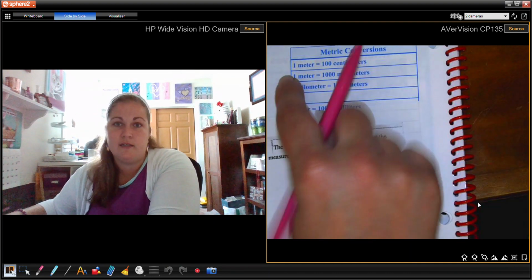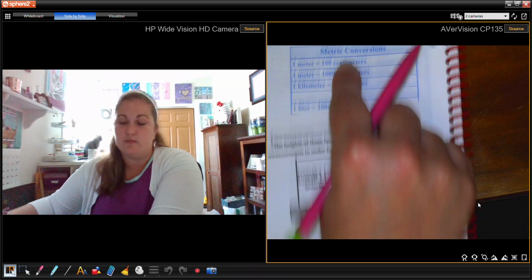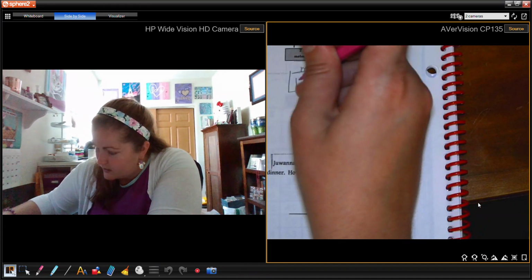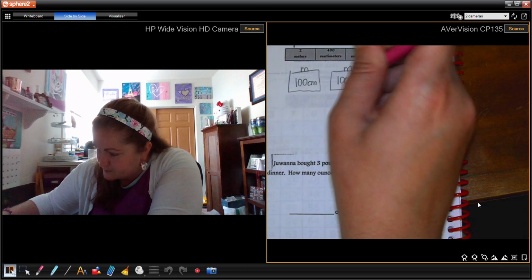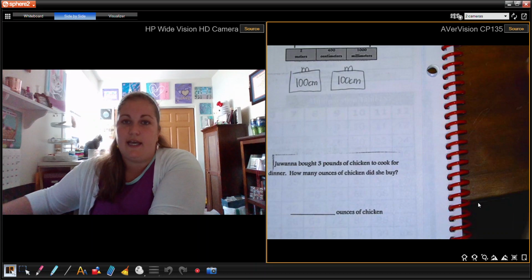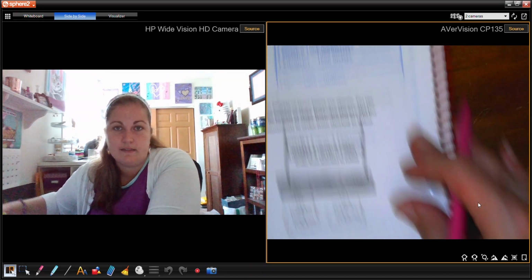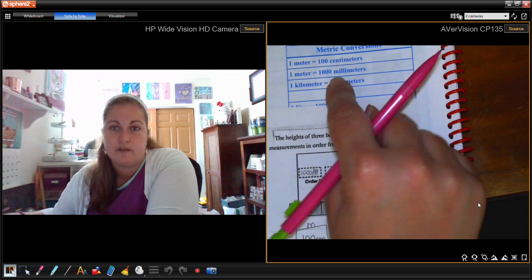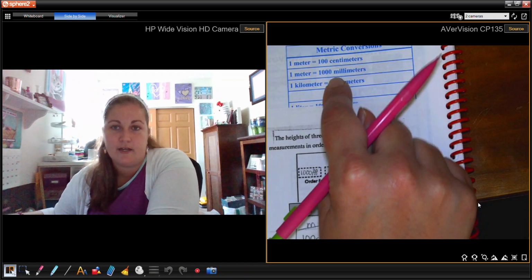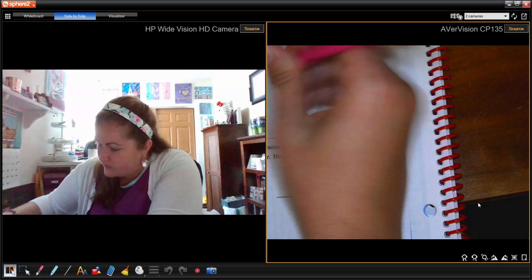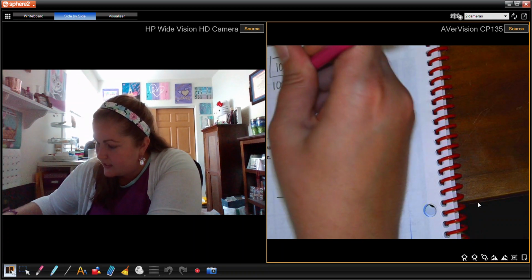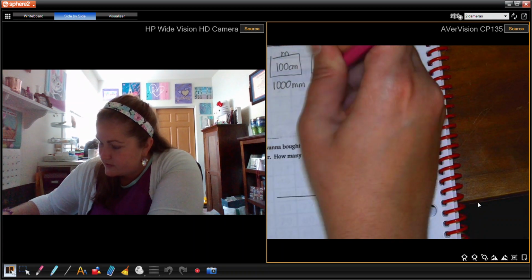So I have 1 meter is 100 centimeters. And then it also tells me that 1 meter is the same thing as 1,000 millimeters. So I could also think of this as 1,000 millimeters.